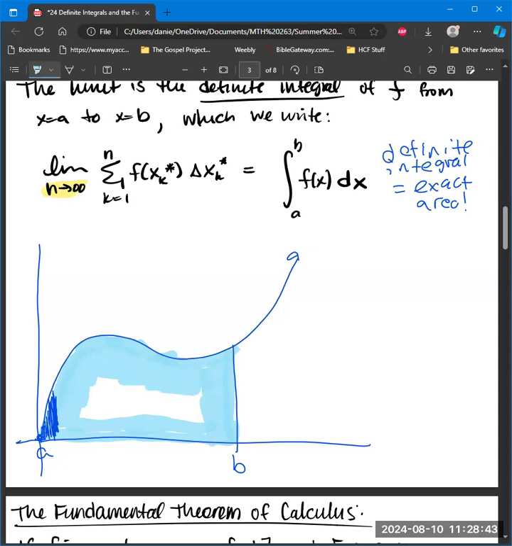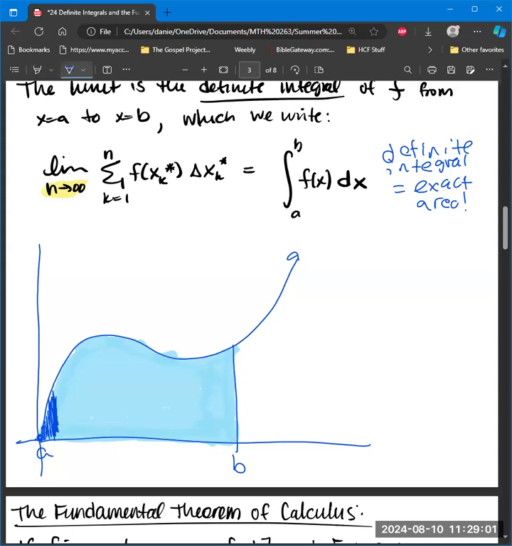And you're going to get the exact area that way. I'll eventually shade this and it'll become the entire area will be there.